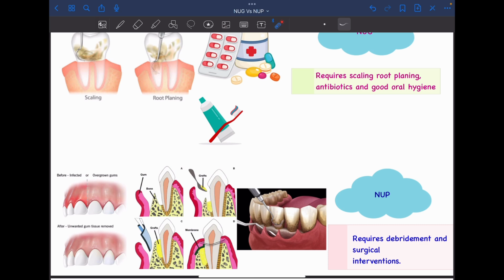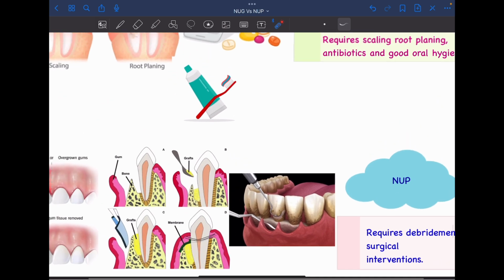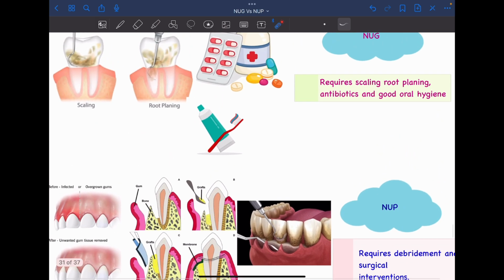Guided tissue regeneration is also necessary apart from bone graft. Also, osseous surgery may be required in these cases, because the amount of bone destruction is so severe and there is a great irregularity within the contours of the alveolar bone. Therefore osseous surgery may also be indicated in many of the cases of NUP.